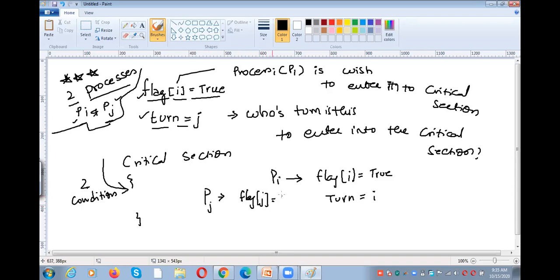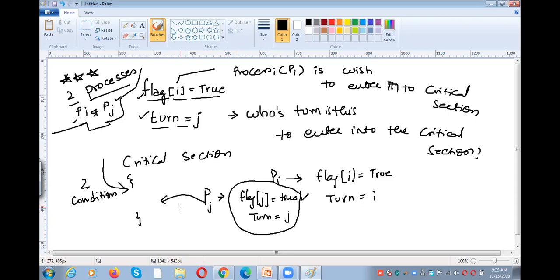Flag of j needs to be true, that means it wishes to enter into the critical section, and then turn equal to j. If these things are set, then the operating system will allow process j to enter into the critical section.